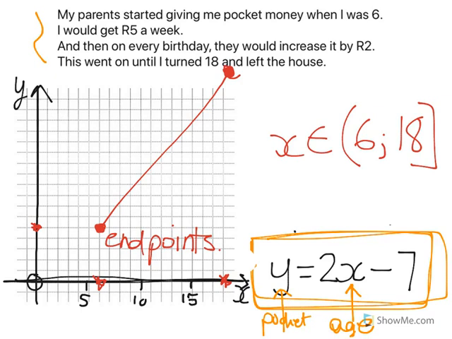If that was the case, you still work out your endpoint, but instead of coloring your endpoint in, you would make sure that your endpoint is a hollow circle. That indicates that that particular input-output pair is not included, and the colored in circle indicates that that input-output pair is included. So much like when you did representations of inequalities on number lines, it's that same kind of logic.